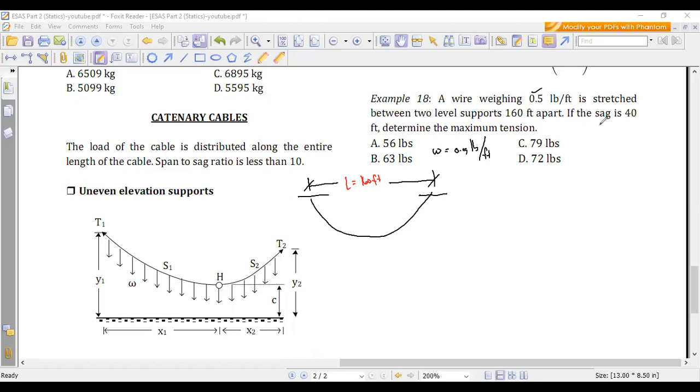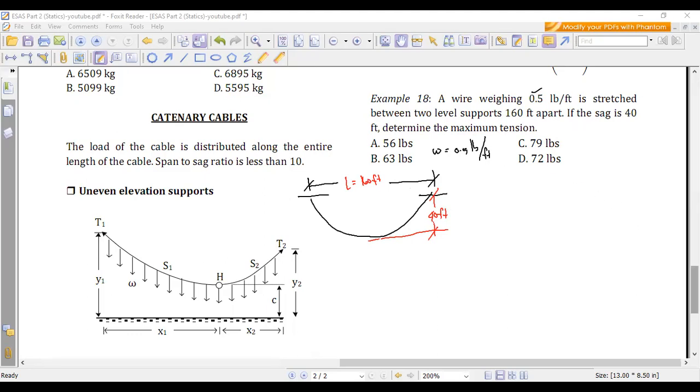The sag is 40 feet. We are being asked to calculate for the maximum tension.